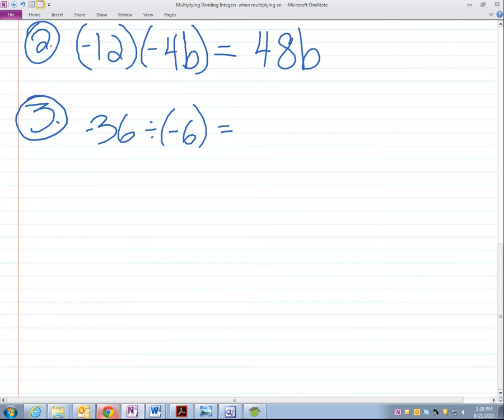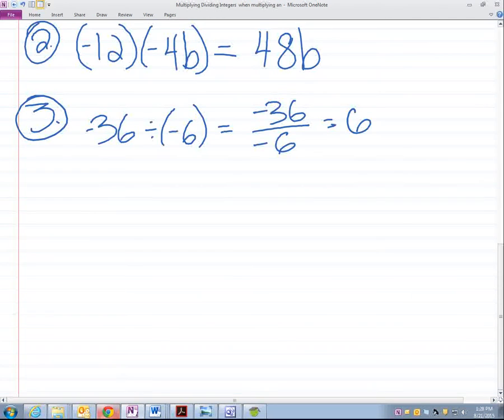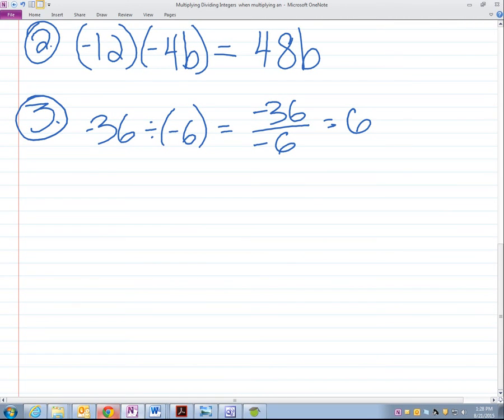And I'm going to rewrite that. How many negatives do we have? 2. So what is the quotient going to be? Positive. Because in this situation, you can see that these actually cancel each other out, just like negative 1 over negative 1 cancels itself out.